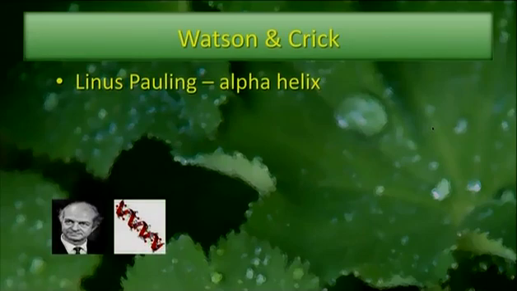Linus Pauling was the discoverer of the alpha helix, shown here, which is a second level of protein structure where the polypeptide forms a helical structure. So he thought that maybe DNA might also be some kind of helix, like the alpha helix.